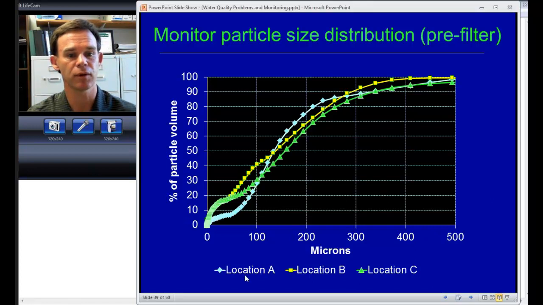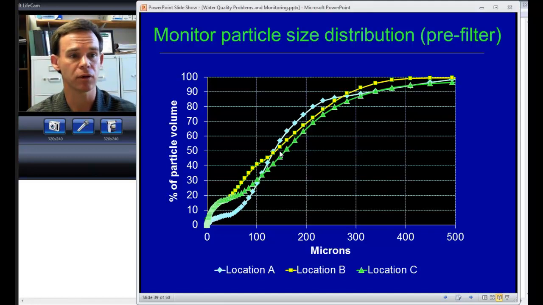Okay, so here we've got 3 different locations, and this is their irrigation water before it went through the filtration system. And you can see that roughly 50% of the particles were bigger than 150 microns, and 50% of the particles were less than 150 microns.